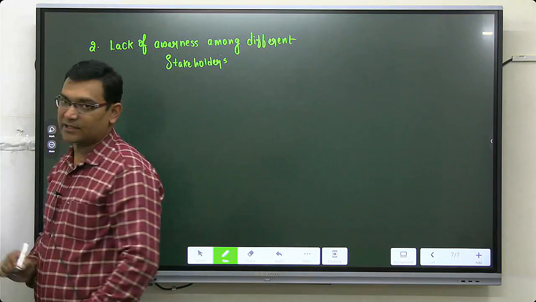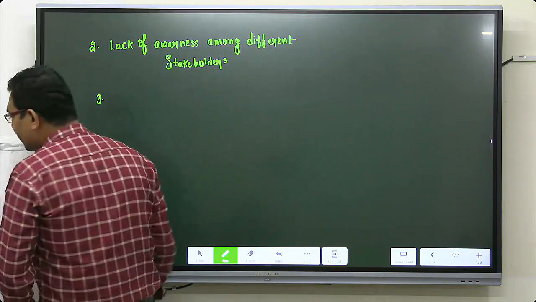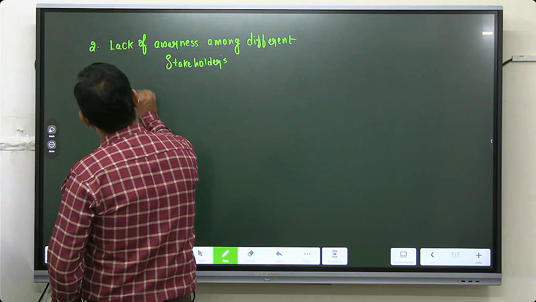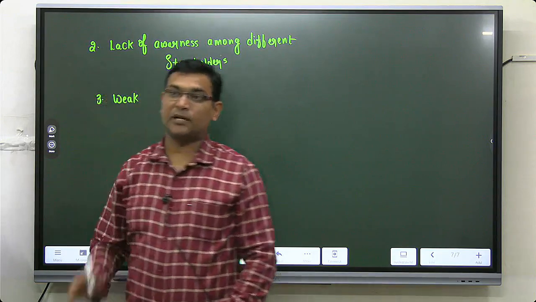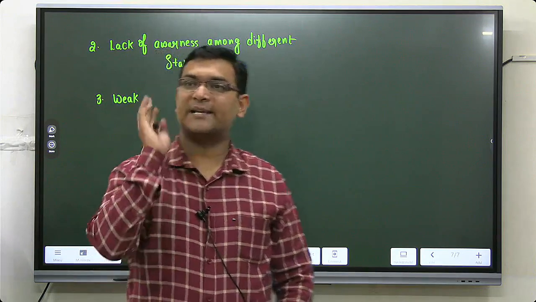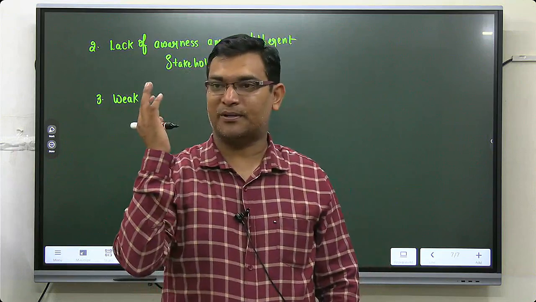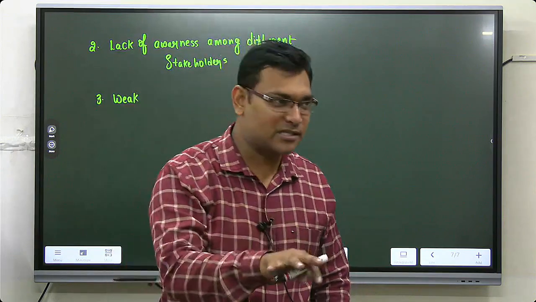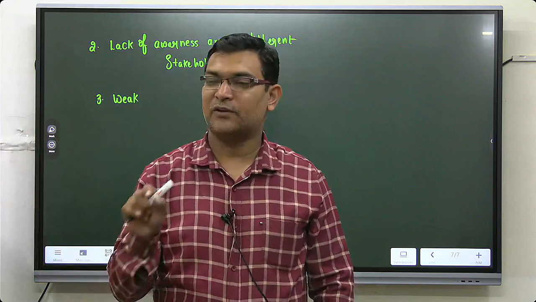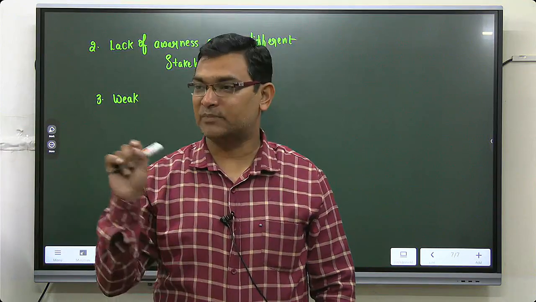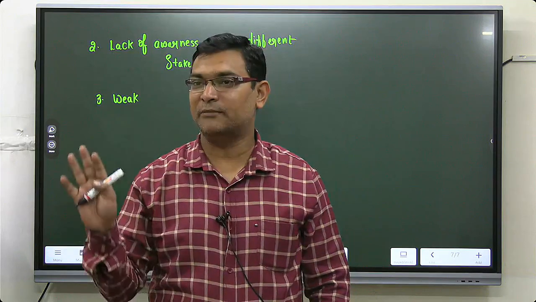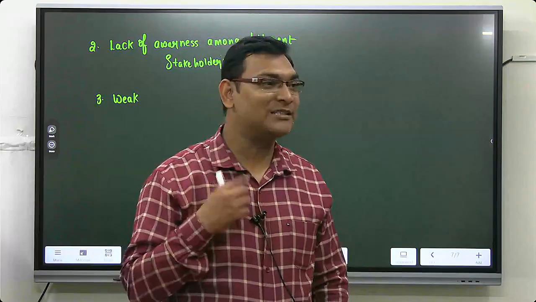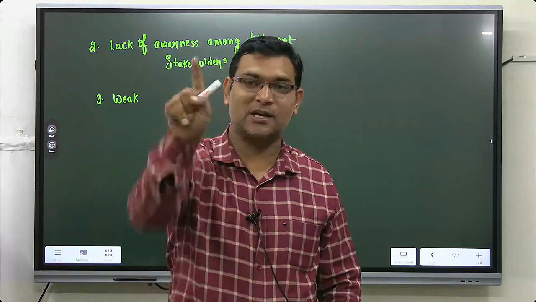Third point, which is a factor contributing to money laundering, is weak and untrained officers. Our officers are weak, very weak. Money launderers use i7, i9 processors, but in our government offices we are still using Pentium 1, 2, 3, 4. So our enforcement technologies are outdated.